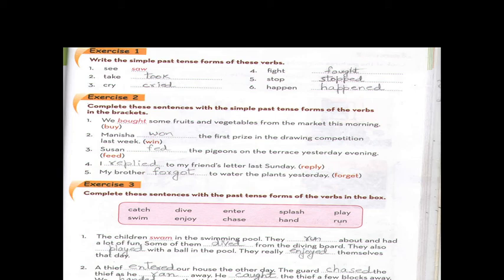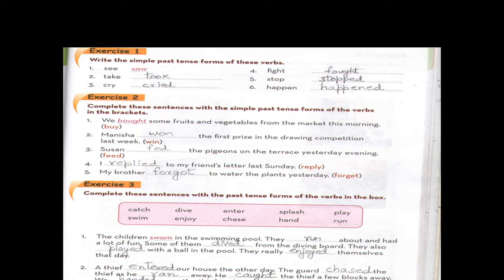Now come to exercise number 3. Complete these sentences with the past tense forms of the verbs in the box. Here is a box, and we have to choose and put these words in correctly. The first one is: the children swam in the swimming pool.